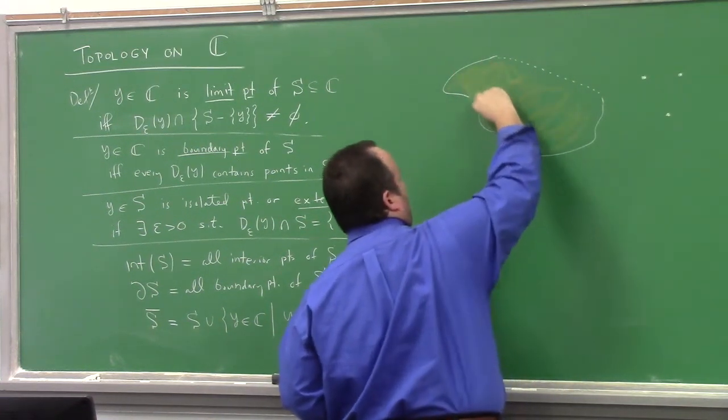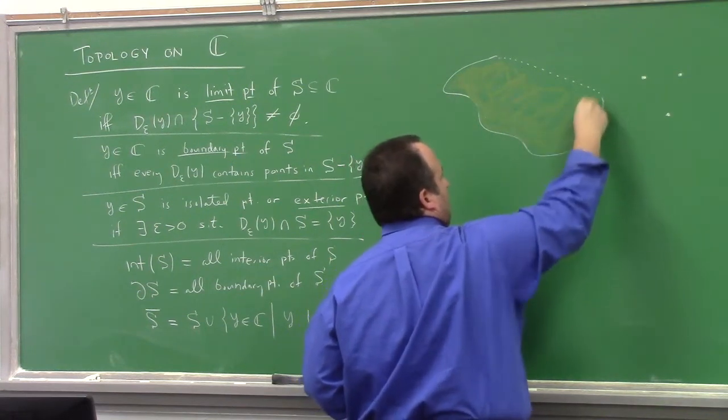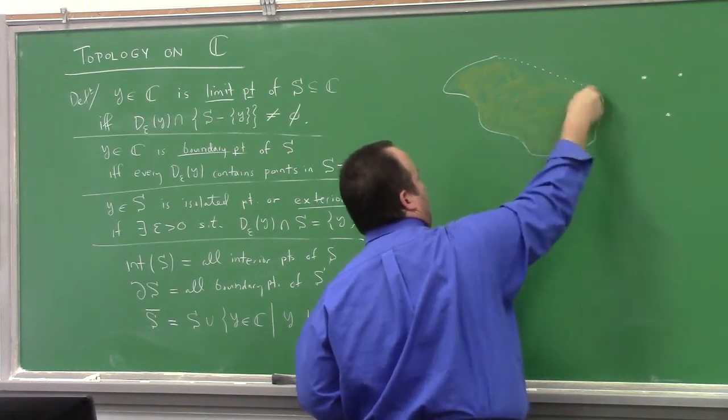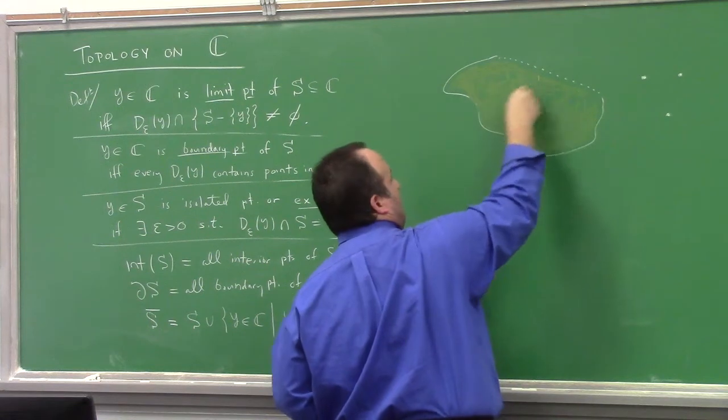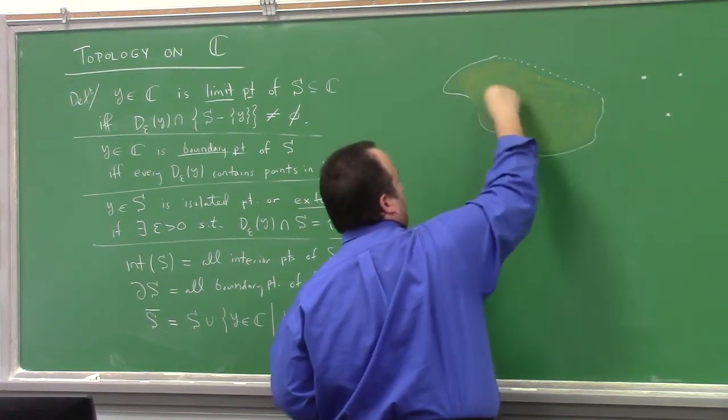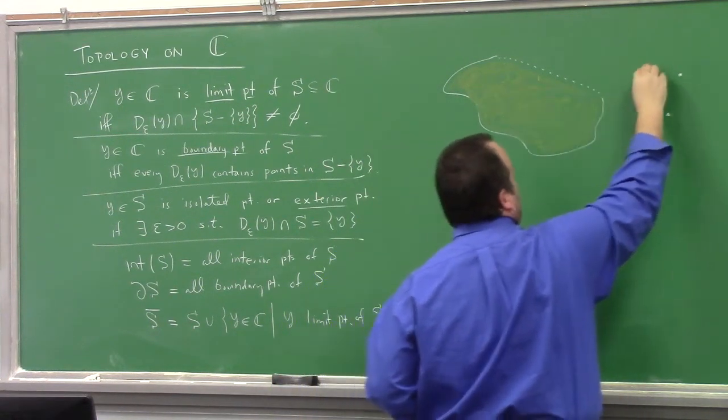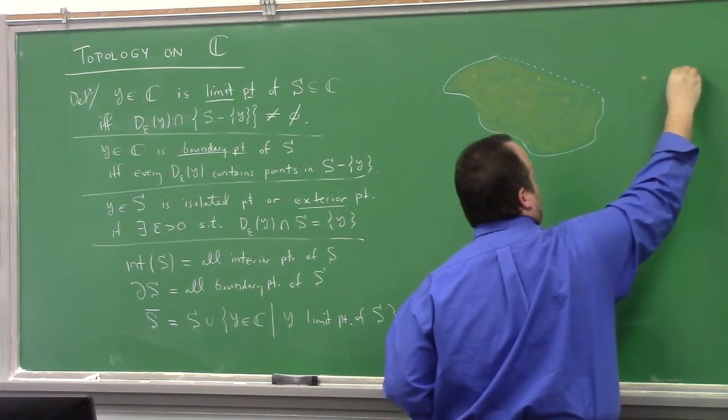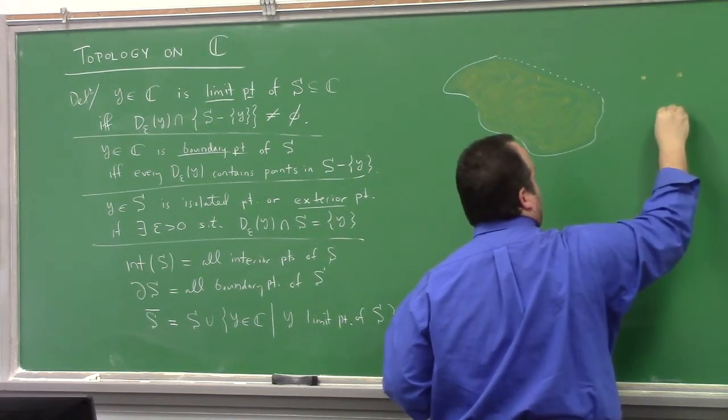This is filled in. You can see the edge of it I wrote in white. The dotted line indicates that those points are not in S. But as you can see, we've got these points over here which are in S. So I'm saying suppose S is all of this.